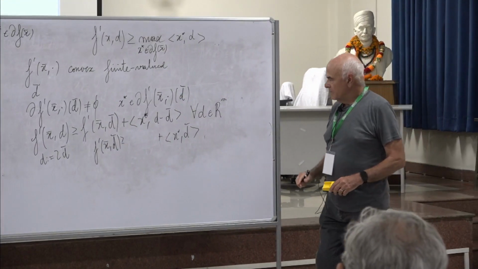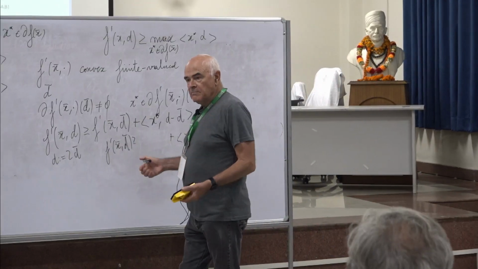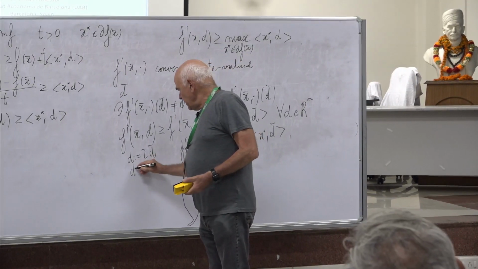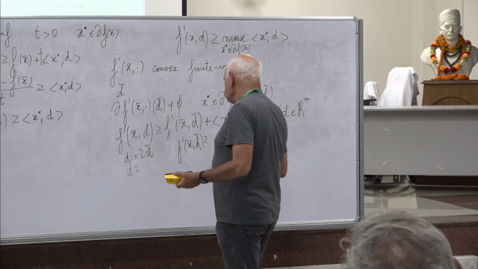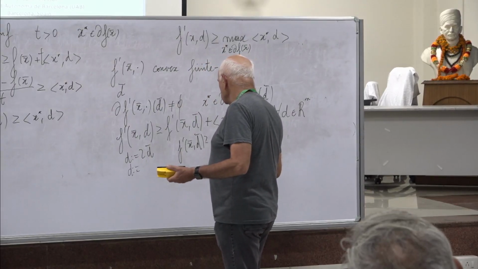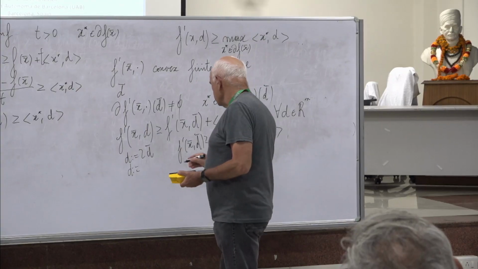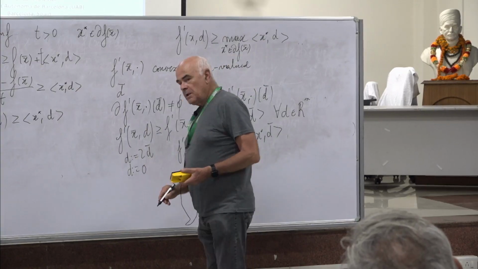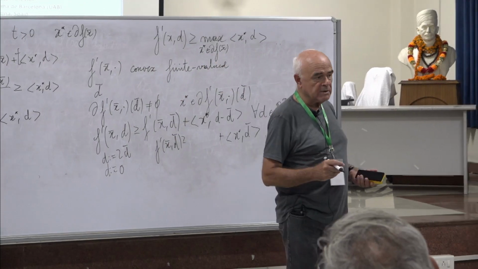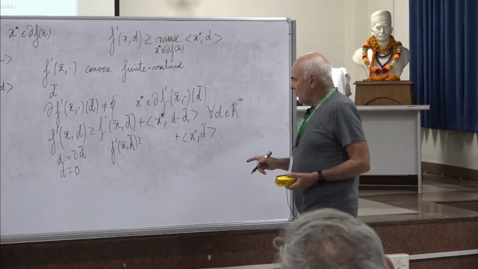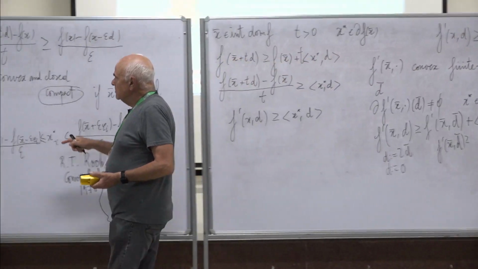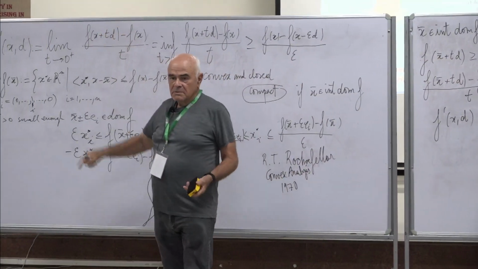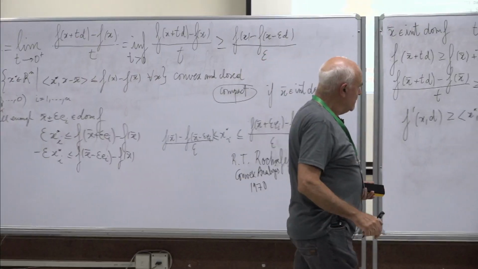Do you agree? But then I repeat the game, but now with d equals 0. Why not? Now I was about to do it for d equal 1/2 d bar, but no need. For d equals 0, the directional derivative is clearly 0.